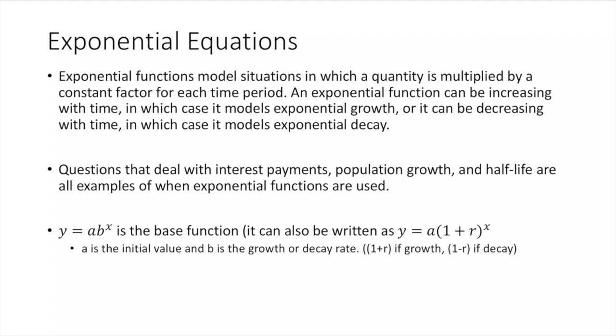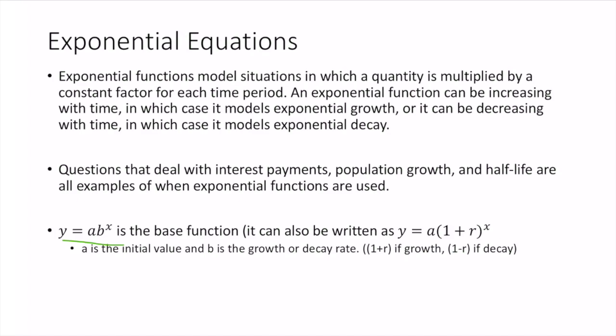Okay, so questions that deal with maybe interest payments or population growth or half-life from a chemistry class, these are all examples of when exponential functions are used. So y equals a times b to the x is the base function.